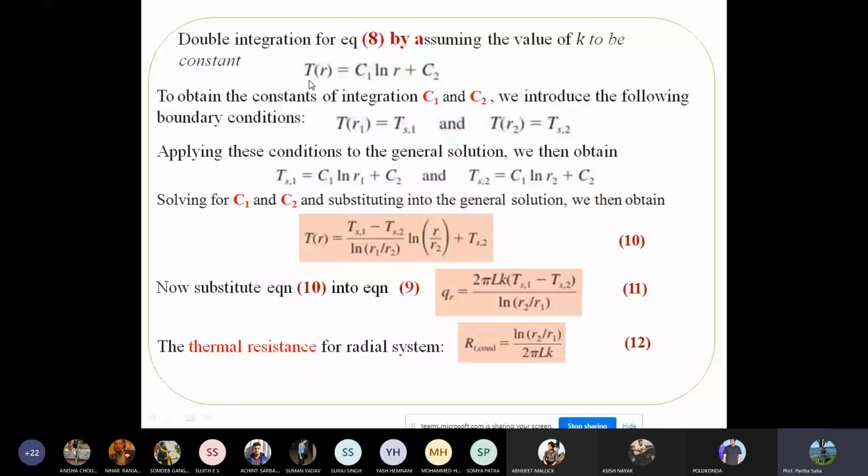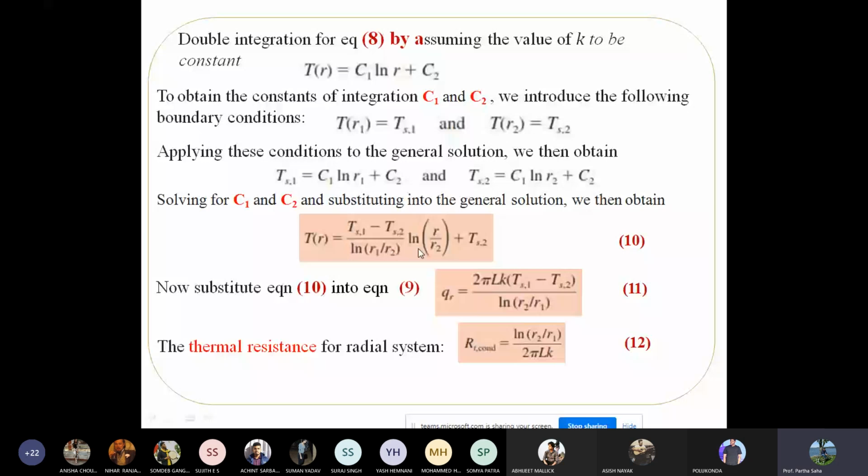And as I said, to get the integration constants C1 and C2, you can use the following boundary conditions: at r equal to r1, T is Ts1, that is the inside temperature, and at r equal to r2, T is Ts2. If you plug in these values and solve for C1 and C2, the expression becomes T(r) equal to Ts1 minus Ts2 divided by ln r1 by r2 times ln r by r2, plus Ts2.